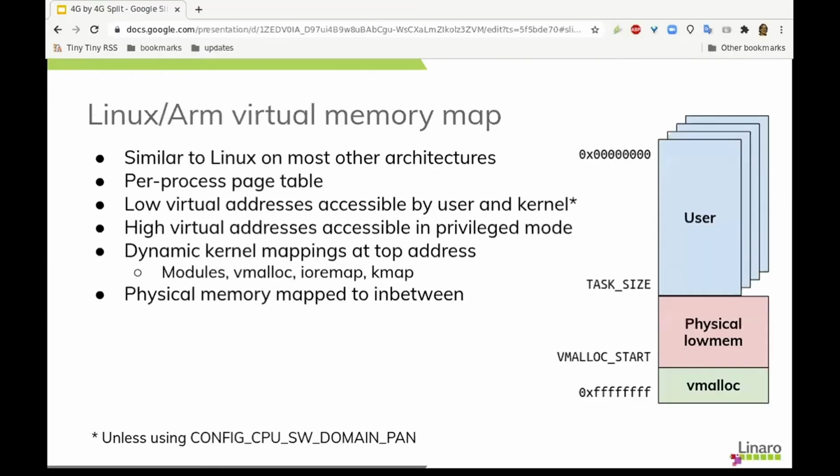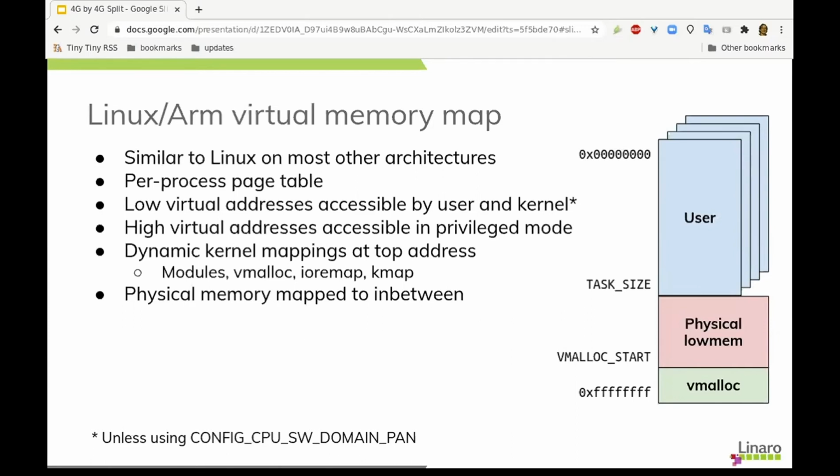switch. What this means on Linux on ARM, this is the generic memory map that you would see on a lot of architectures, but not all of them. So usually, as it is on ARM, we have the user space see its own memory at low addresses. So anything up to task size is user addressable memory, virtualized, and anything above it is only visible to the kernel.